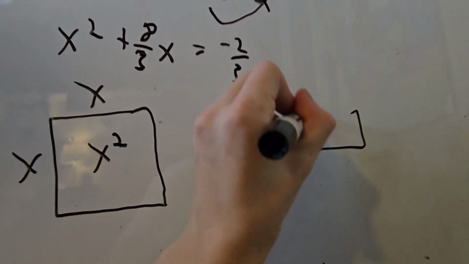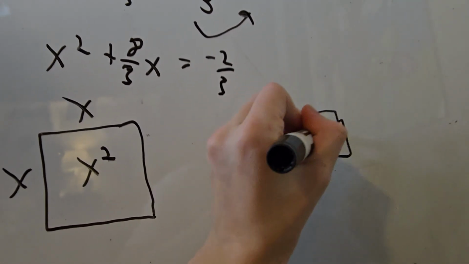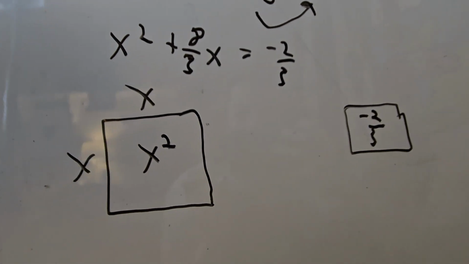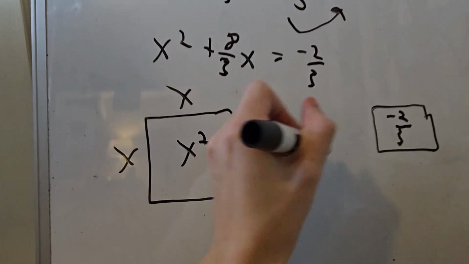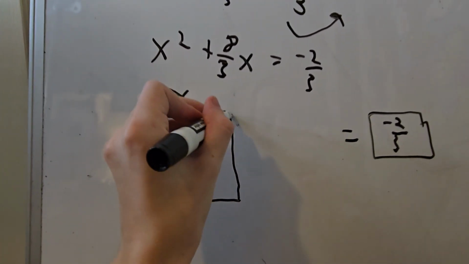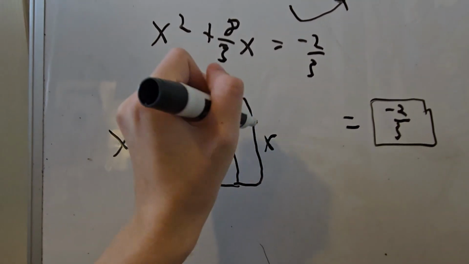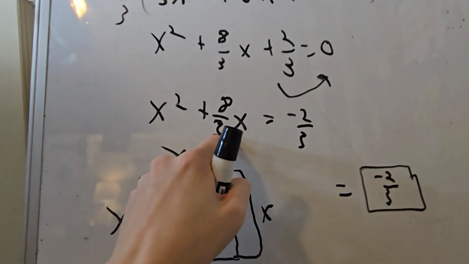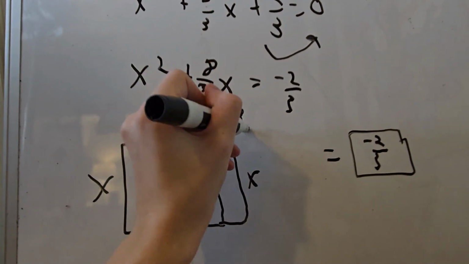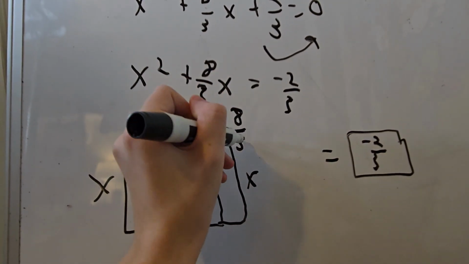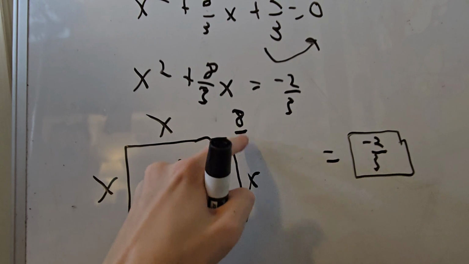And then we're going to have this area over here, negative 2 by 3. And we want to complete this square. So we're going to draw this length of x, and this is going to be half. So this is going to be 8 by 3 by 2, which is 8/6.